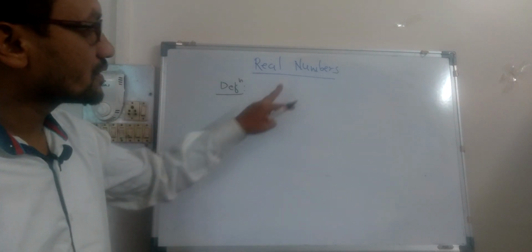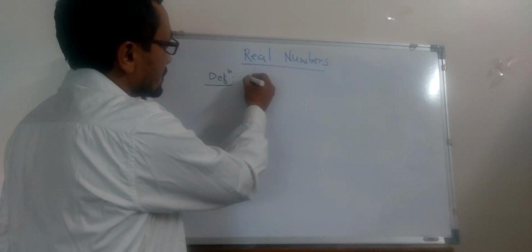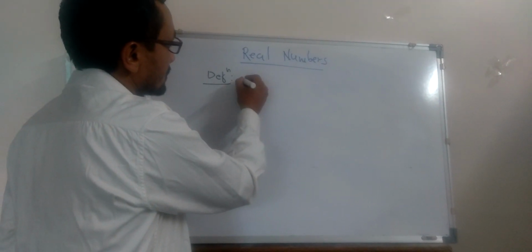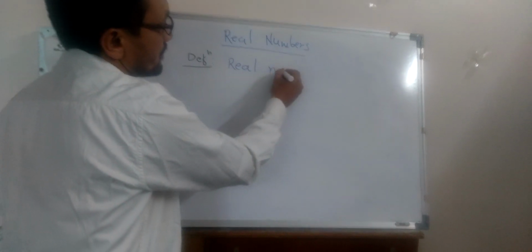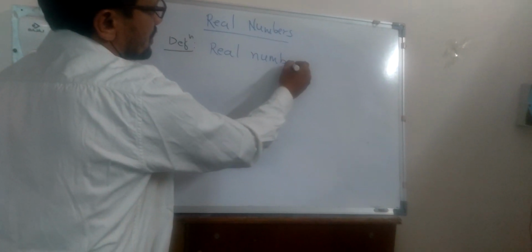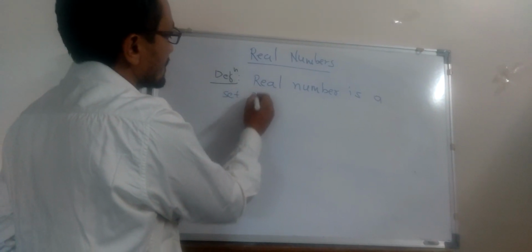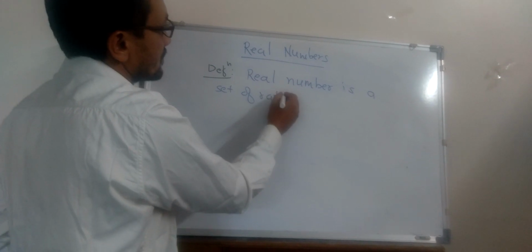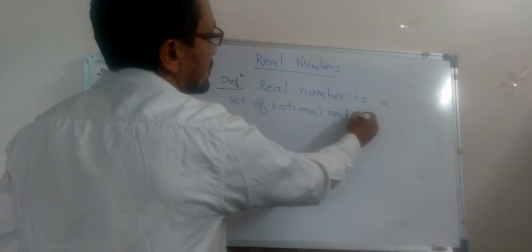A real number is a set of rationals and irrationals.